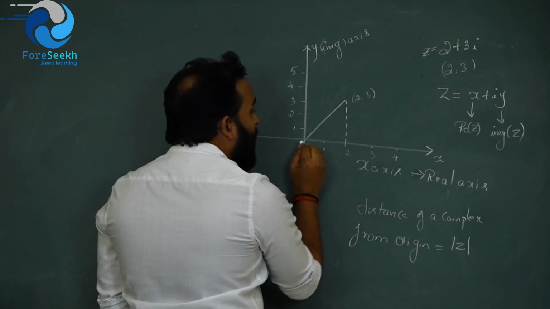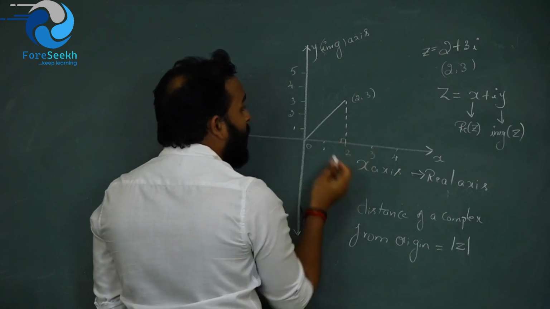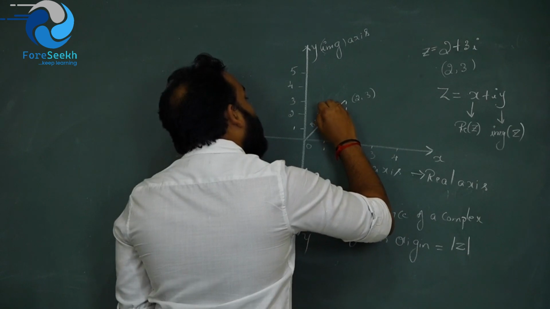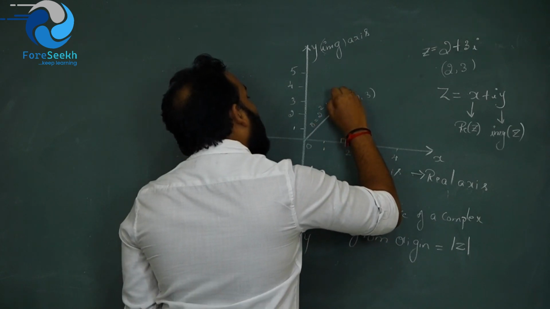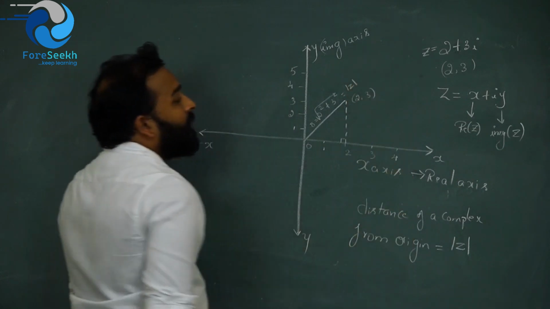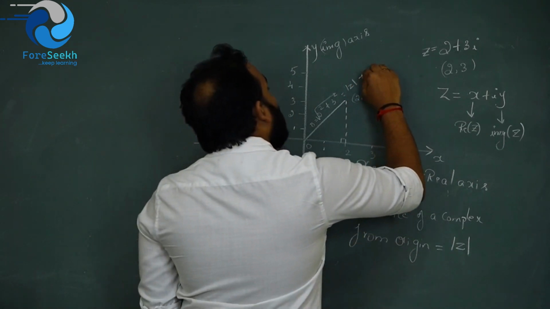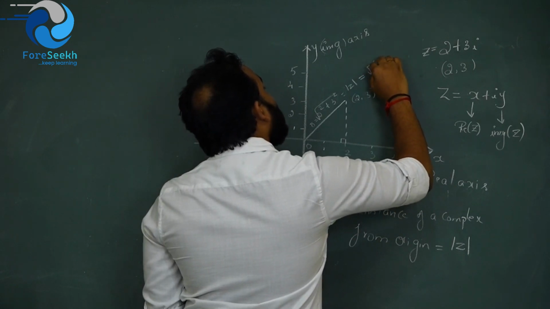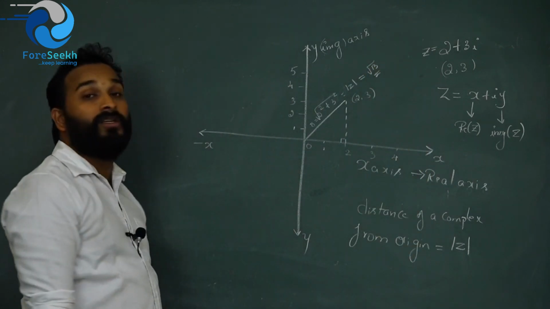Now if I take this as a right angle triangle, because we know this as 90 degrees, by Pythagoras theorem, here your r is nothing but the square root of 2 squared plus 3 squared, which is also called the modulus of z. So you get this value as root of 4 plus 9, which is root 13. Root 13 units is the distance of this complex number from the origin.